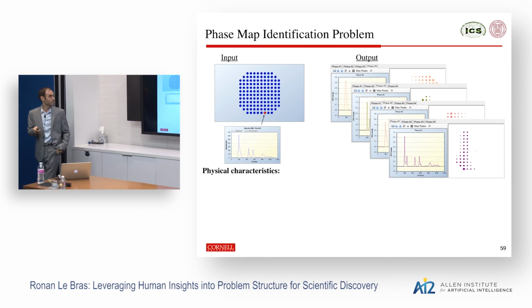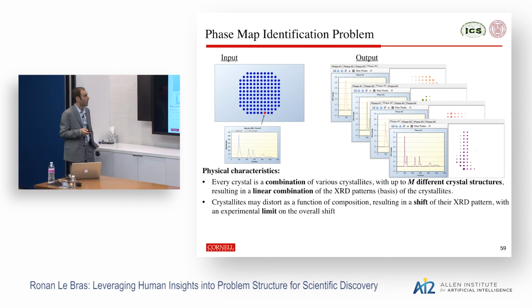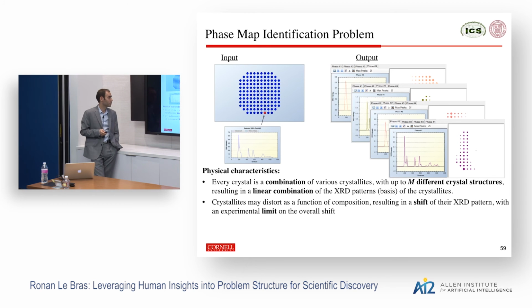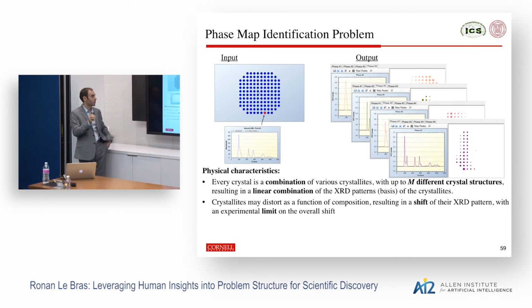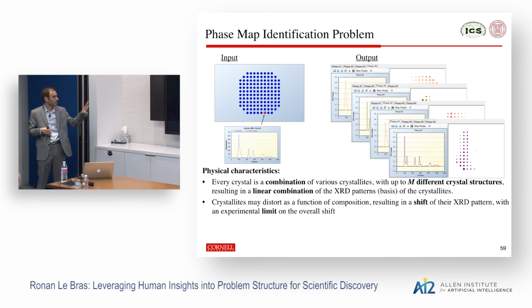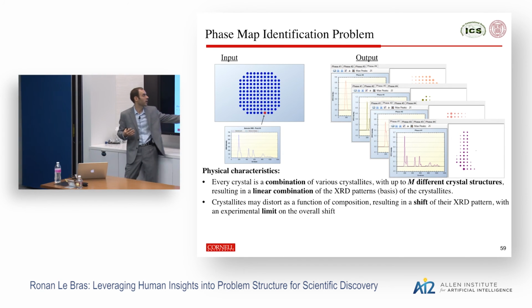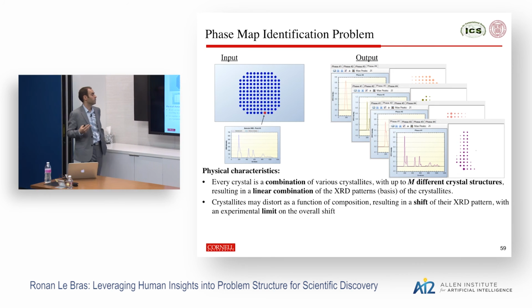And for that, there are many different physical characteristics underlying this problem. Basically, you know that every crystal is a combination of different crystal structures, up to m of them in that case, and that is basically a linear combination of X-ray diffraction patterns of these phases.